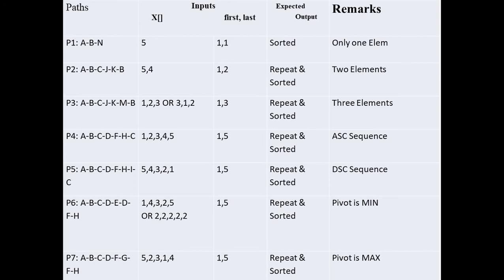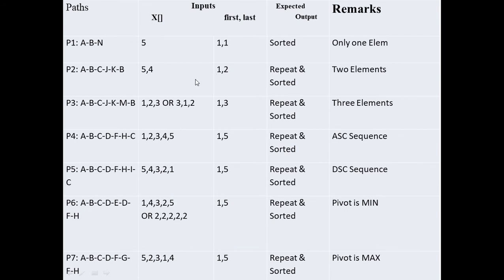Now in the input, in the first case only one element is given, so first and last will be 1 comma 1, so it is already sorted because we have only one element. Now come to the next, it has two elements.